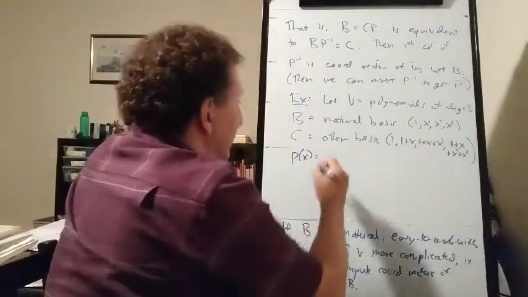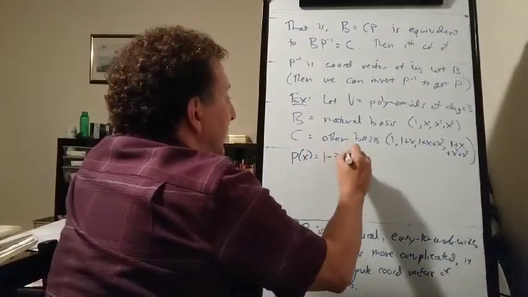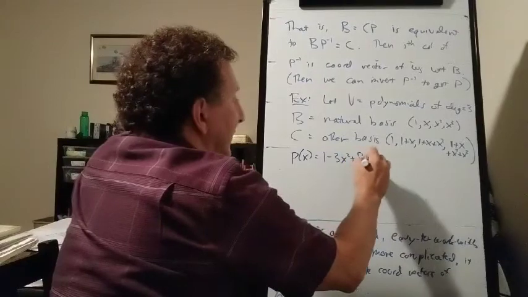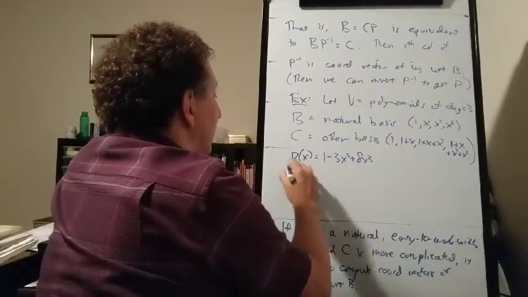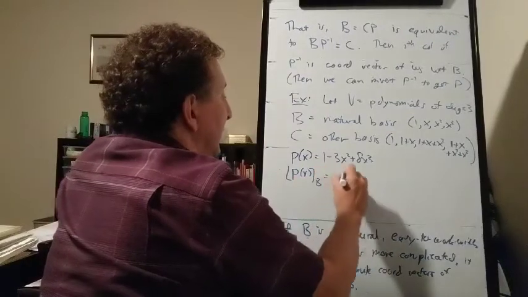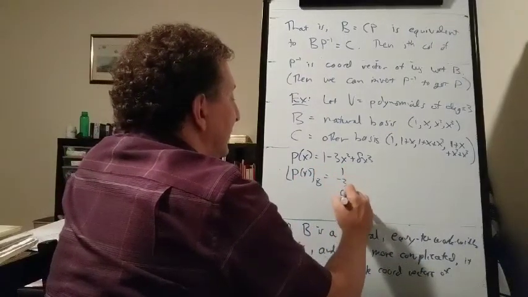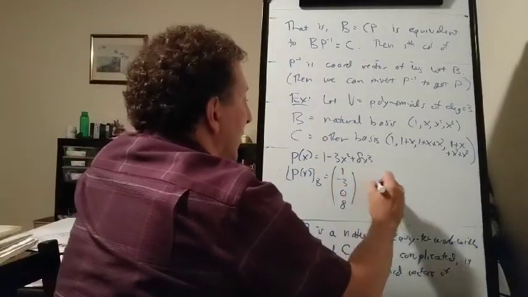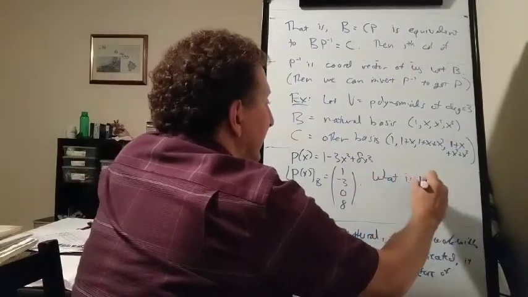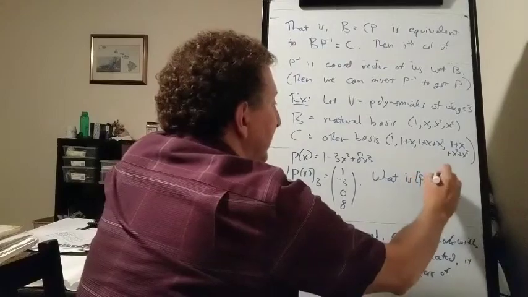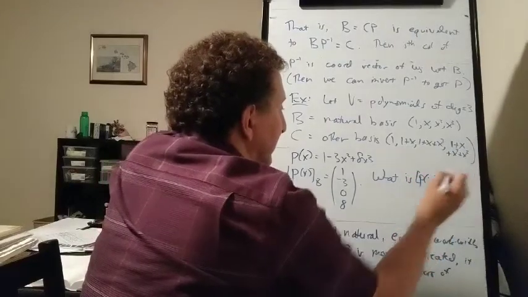P of x is 1 minus 3x squared plus 8x cubed, and the coordinate vector of P of x with respect to B is 1, negative 3, 0, 8. And we're wondering, what is the coordinate vector of P of x with respect to C?